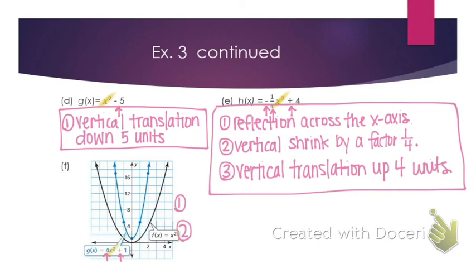All right, let's talk about the 4. What are they doing with the 4? Multiplying. So which type of transformation are we looking at? Stretch or shrink. Okay. What are they multiplying by, f of x or just x? F of x. Again, no parentheses. Okay, so f of x, which means it's vertical or horizontal?